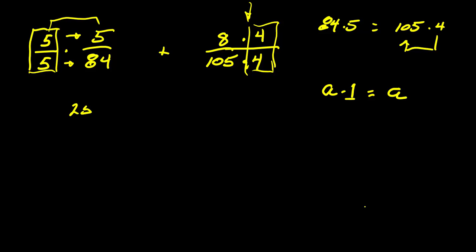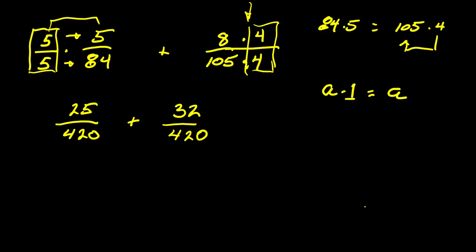And we'll get 25 over 420 plus 4 times 8 is 32, and 4 times 105 is 420.